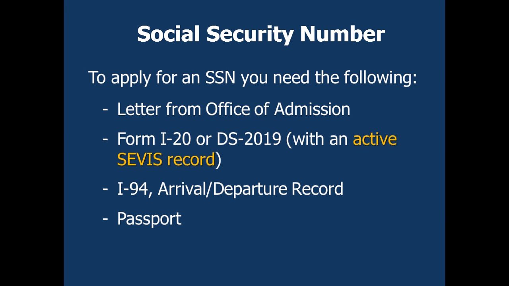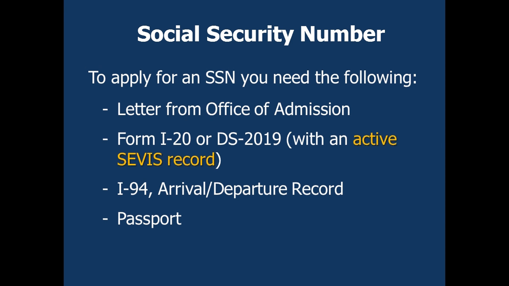To apply for SSN, you need the following: a letter from the Office of Admission, that's from our office, your I-20 or DS 2019 with an active CVS record. You must wait until the DSO at Webster University confirms that you have been registered in CVS before going to the Social Security office.